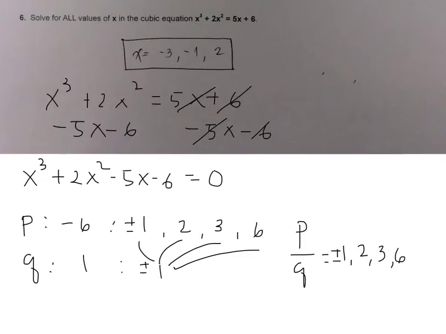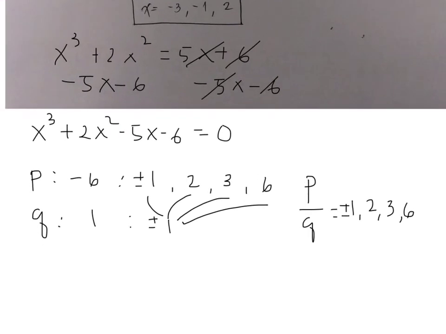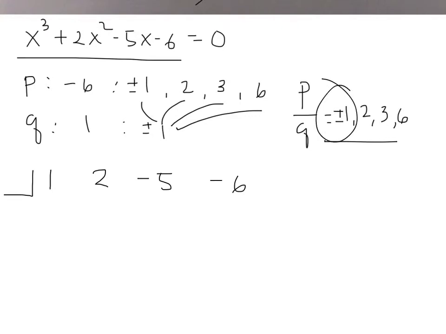Once we have identified the p over q, our next task is to check which of these will work. So we use synthetic division by getting the coefficients of x cubed plus 2x squared minus 5x minus 6. We have 1, 2, negative 5, and negative 6. We start with the first number. Let's try 1.